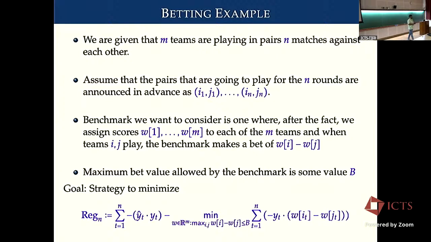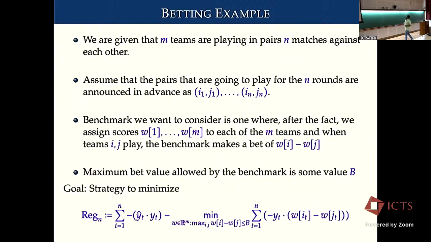Team A plays with team B and so on. And let's say that I actually tell you the pairs that are going to play with each other for the n rounds in advance. So I'm going to tell you team I1 and team J1 all the way up to team IN and team JN play with each other for the n rounds, where each of these I's and J's belong to one of the M teams.